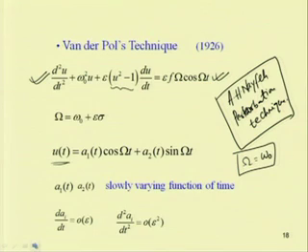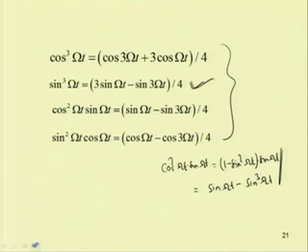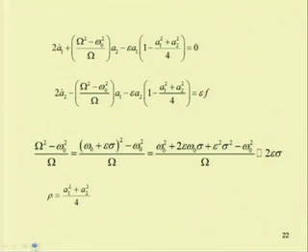So, instead of writing a₁, a₂, one can use this term ρ to represent (a₁² plus a₂²) by 4. This (ω² minus ω₀²) by ω can be approximately written like this. We use a detuning parameter to express the nearness of the external excitation to the natural frequency.